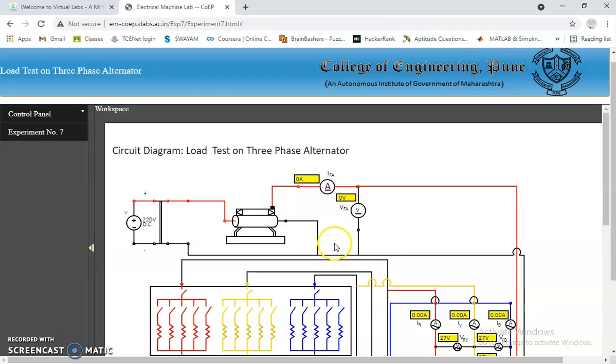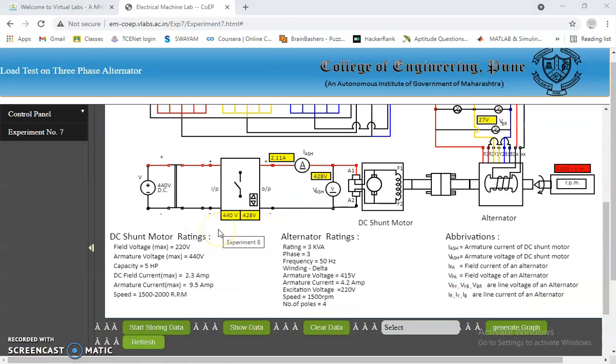Now it's 0 volt and 0 ampere in the field current and field voltage stage. After that, switch off the 220 volt DC supply. That is the mechanical input we have given. At last, bring down the alternator to its minimum position by varying the variac from 1500 rpm to its initial position.